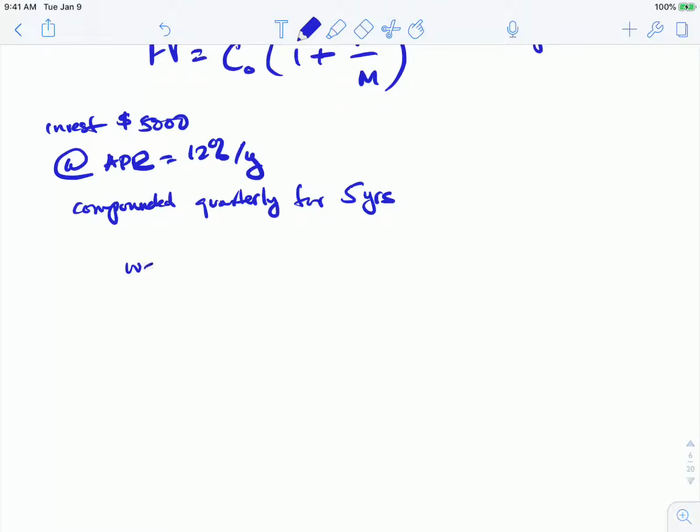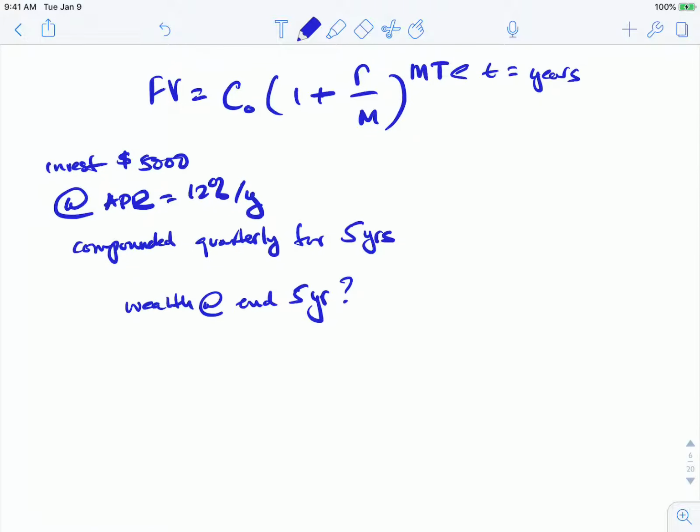So wealth at the end of year 5. We just use the formula.